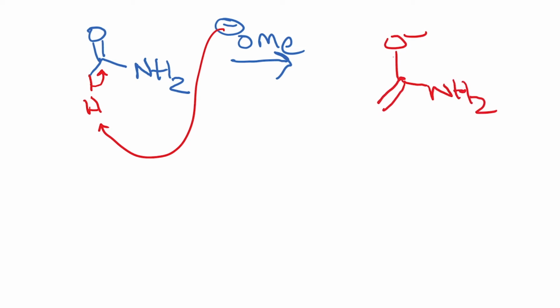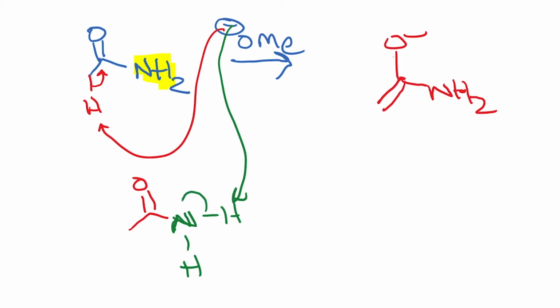However, there is a problem here. The problem is that this NH2 hydrogen is quite acidic. You might have studied about this in the previous semester. So instead of producing this kind of enolate, what ends up happening is that the methoxide takes the NH proton, and it produces a fairly stable amide anion.